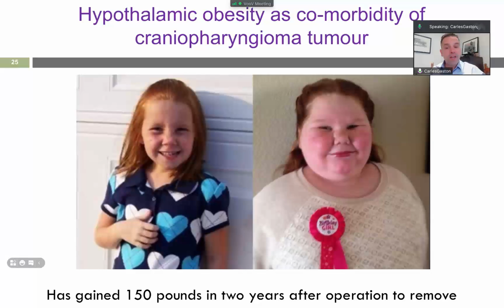So we have here a picture of a patient with one of these tumors, craniopharyngioma, before the operation and after the tumor had been resected, and it leads to severe comorbidities of hypothalamic disease. So basically, severe obesity because the hypothalamic area was affected.